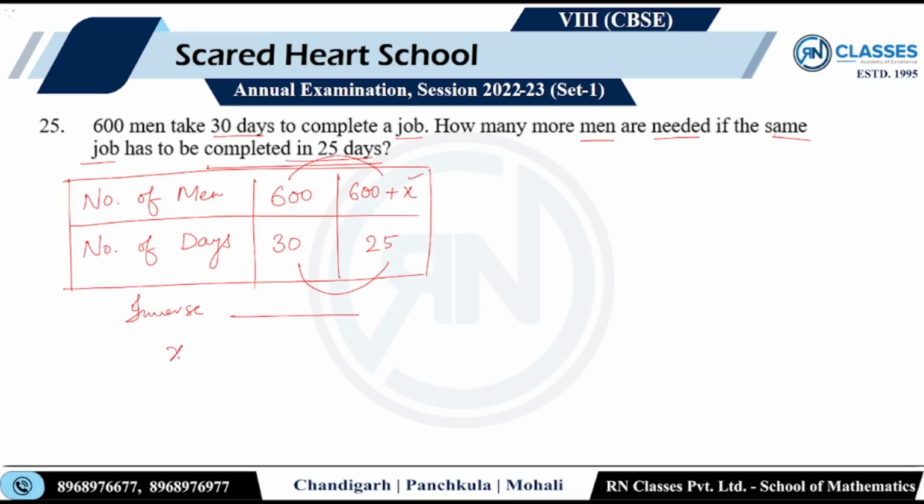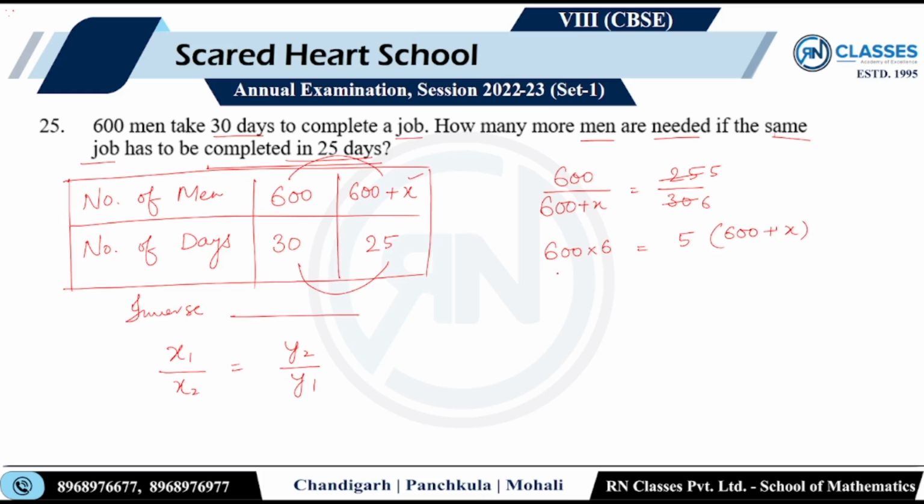So inverse variation के लिए x1 by x2 is equal to y2 by y1, so 600 by x2, that is 600 plus x, which is equal to 25 by 30. 5 5 से 25, 5 6 से, तो यहां पे क्या बन जाएगा? 600 into 6, which is equal to 5 into 600 plus x.